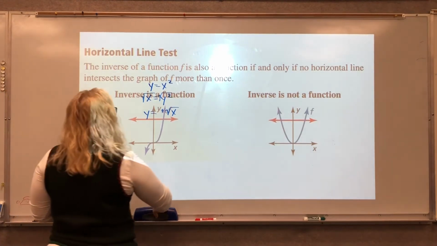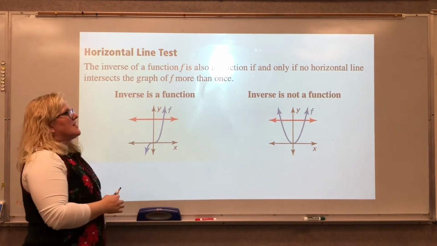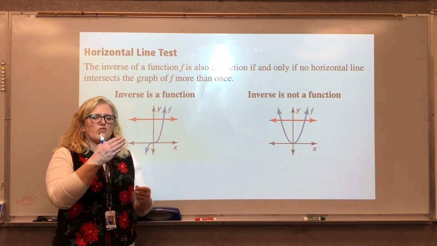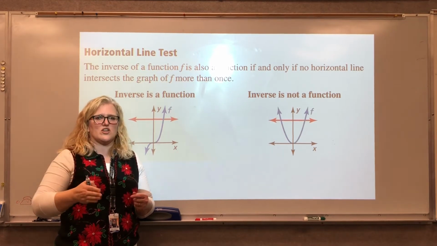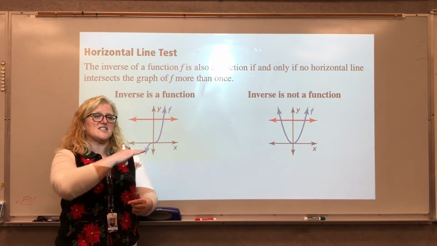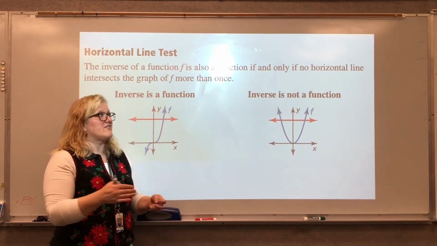Okay, so the horizontal line test, I was just talking about the vertical line test. So it makes sense that for a regular function it has to pass the vertical line test to be a function, and if the inverse doesn't pass the horizontal line test, then it's not a function.